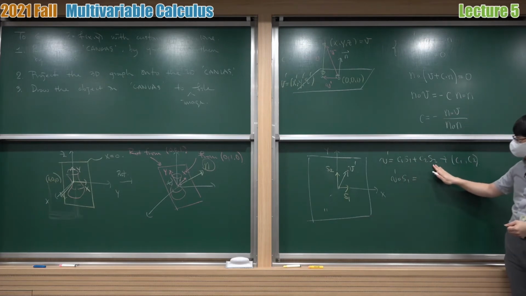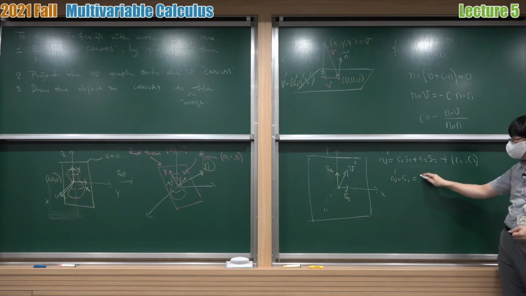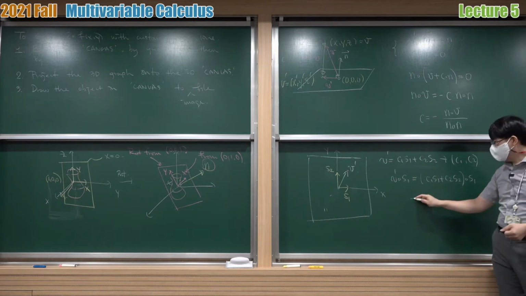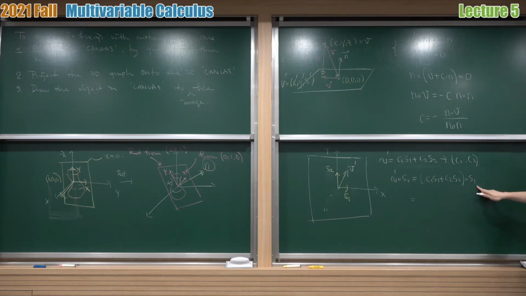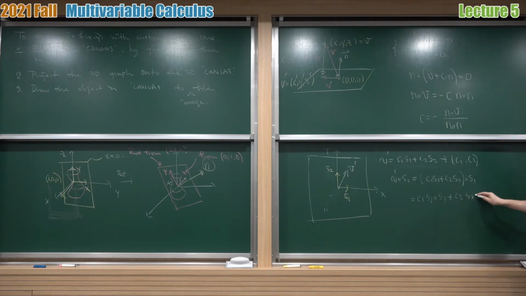So we assume that this is the linear combination of S1 and S2. Let's replace that here: C2, S2, inner product, S1. And what happens here? We have C1, S1, inner product, S1, and C2, S2, inner product, S1.